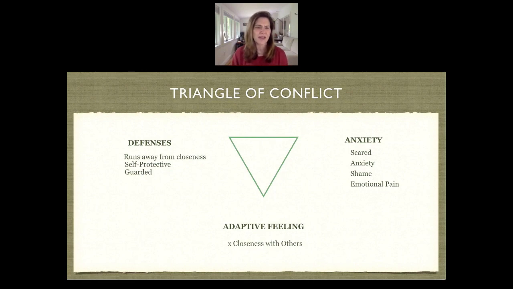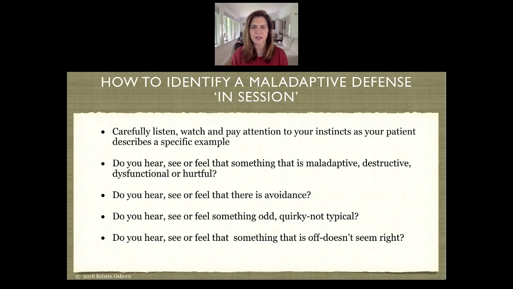And once that defense is activated, then they're completely cut off from themselves, cut off from you, and cut off from their feelings.